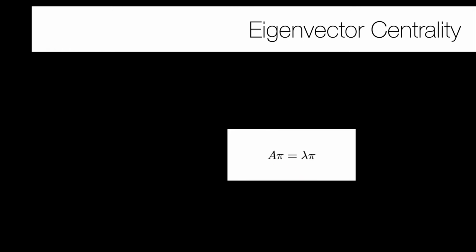When we talk about definitions from a formal perspective, we see something very similar to PageRank. Like I said, it's PageRank for undirected graphs, where we have some adjacency matrix A, and some pi vector, which represents our eigenvector centrality vector, and this pi vector is in fact an eigenvector of A, the largest eigenvector.